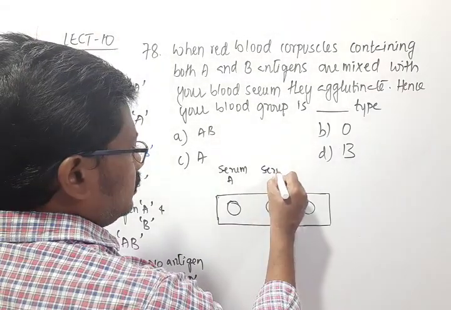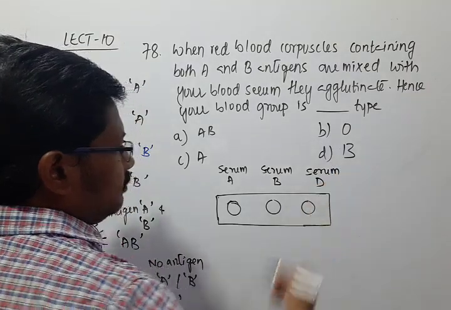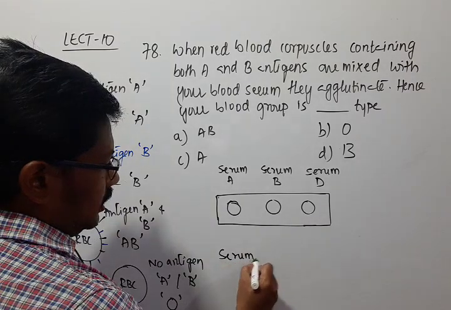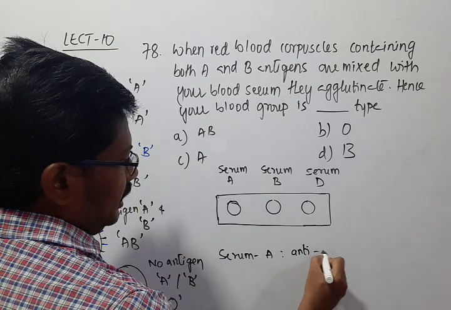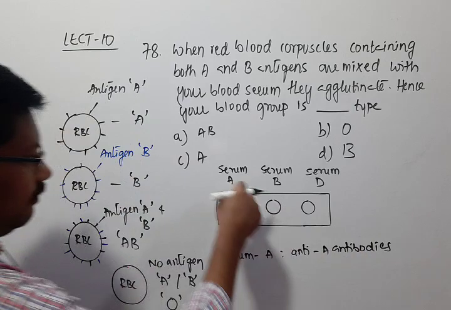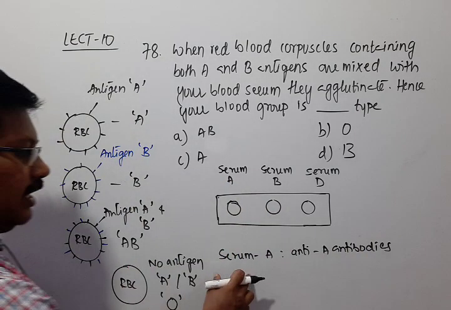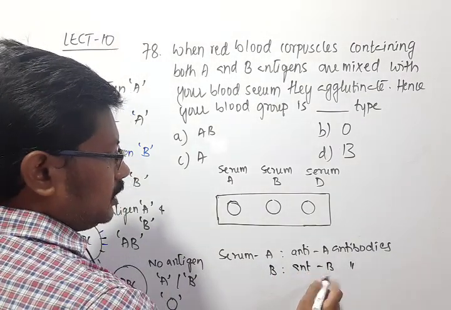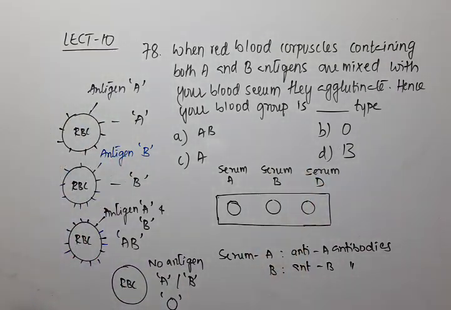Another one is serum B, and another one is serum D. The serum A will contain anti-A antibodies, meaning the antibodies that will fight with antigen A. In the same way, serum B will have anti-B antibodies, which fight with the B antigens.